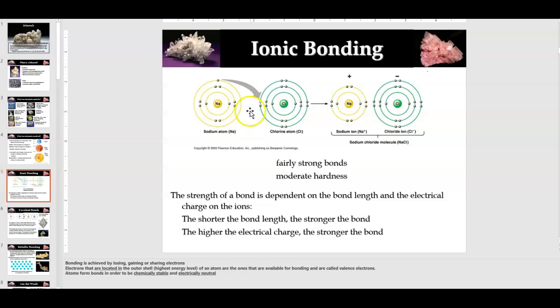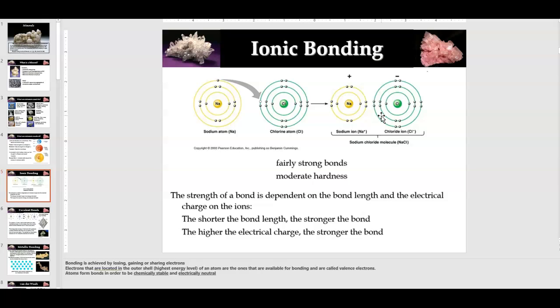And so it basically gives its electron, in a sense, to chlorine. That electron now no longer goes around sodium, it only goes around chlorine until it separates again, and then sodium has to have that electron back.